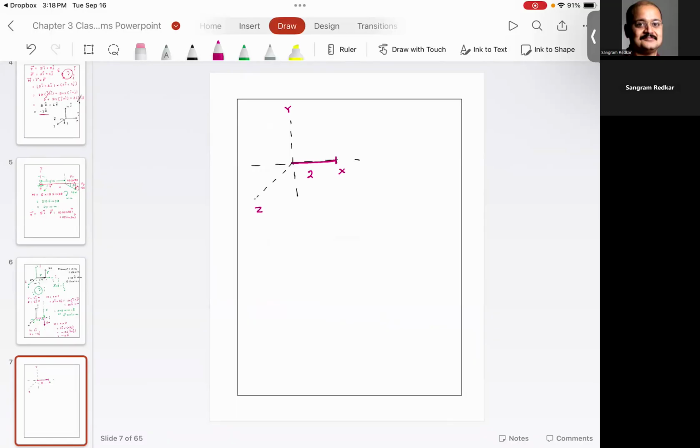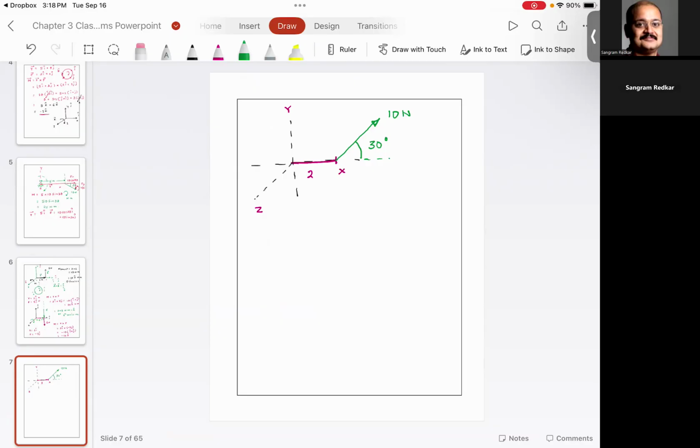This is 2 units, and now I have a force which is 10 newtons, at an angle 30 degrees.